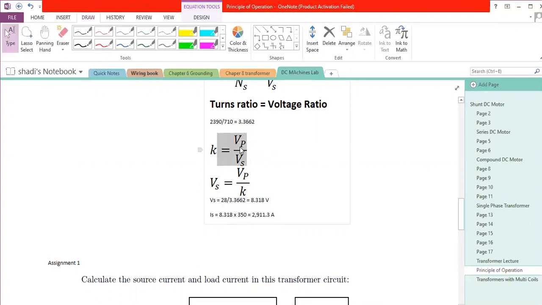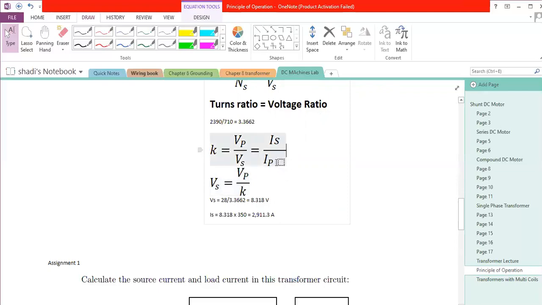Now, I will go back here and add one important note: the turns ratio equals I secondary over I primary.